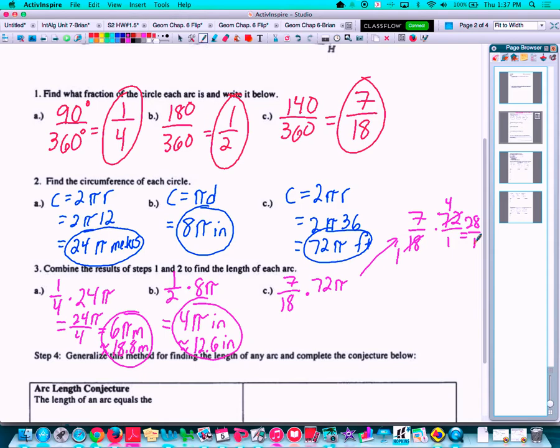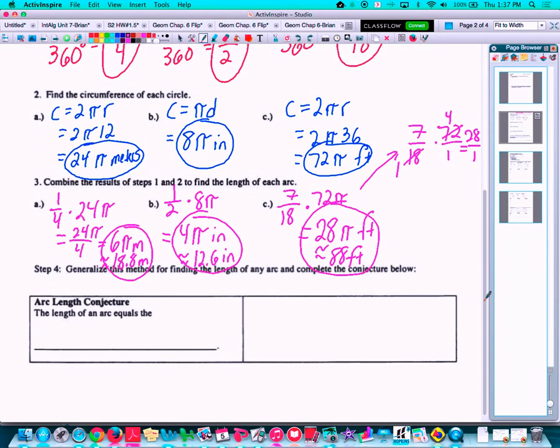All right, so if we multiply these two together, 7/18 times 72 pi would be 28 pi, and that is feet, which is approximately equal to, about 88 feet. For rounding, I think it rounds to the nearest tenth, which gets you to the nearest whole number on that one. So those are our arc lengths.